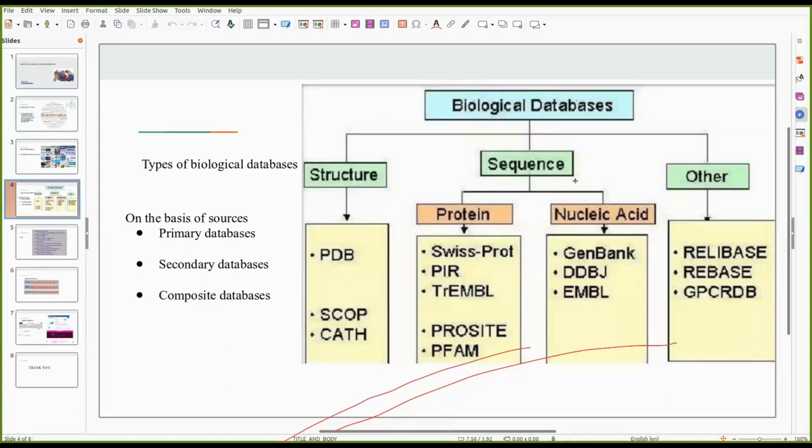For sequences, just as I said before, if the protein has not been crystallized, you don't have to worry. What you do is homology modeling or structural prediction. The databases available for that can be Swiss-Prot, PIR, TrEMBL, PROSITE, and Pfam. With all of these, you have the protein sequences available.